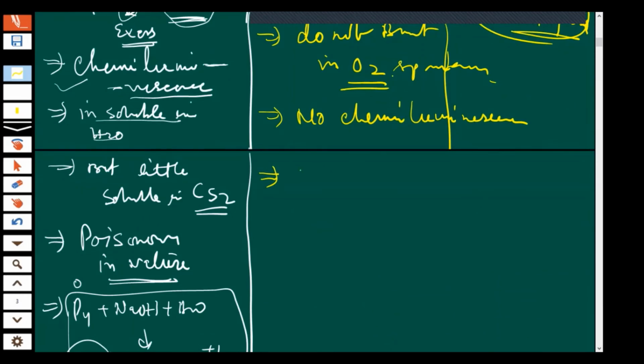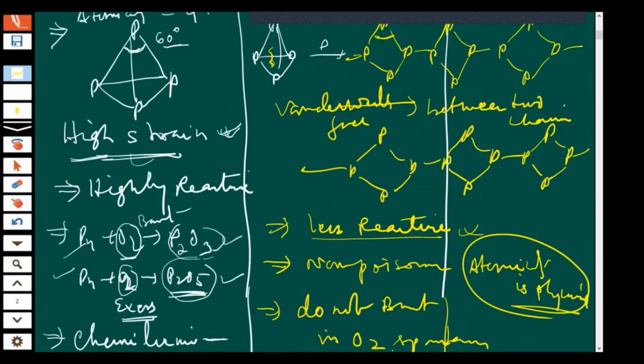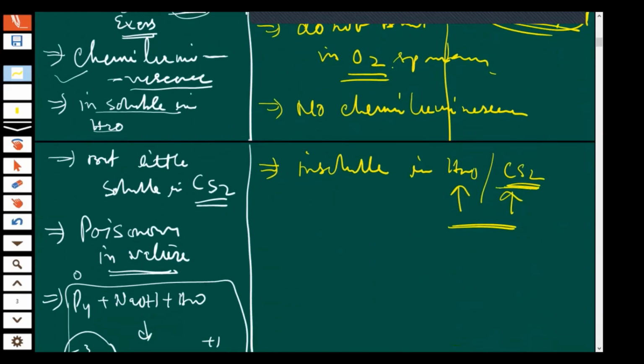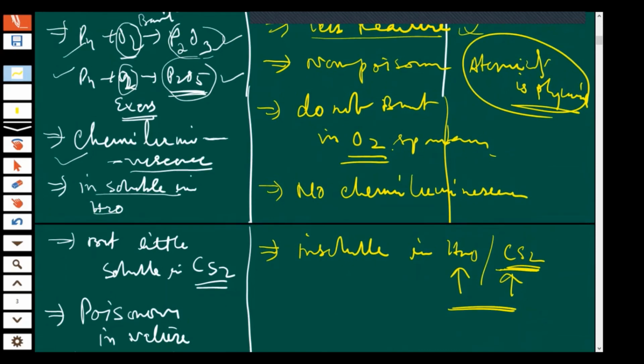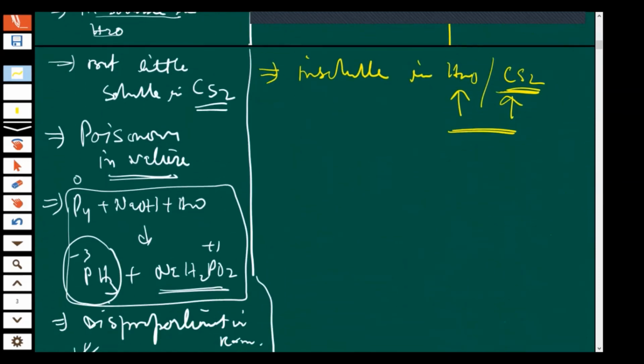And insoluble in water as well as CS2. Neither in water, nor in CS2. Because see, such a strong attraction force. If they try to dissolve in CS2, that much attraction force will not be developed as it is before dissolution. So it will not dissolve in either water or CS2.